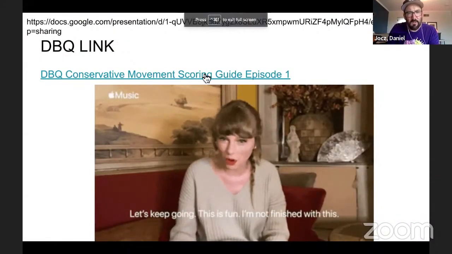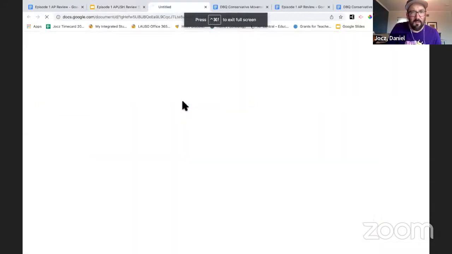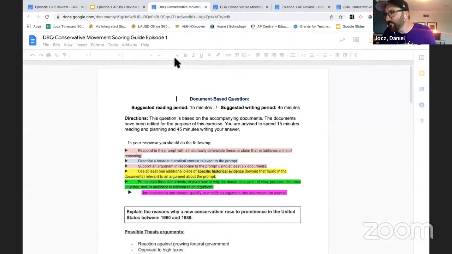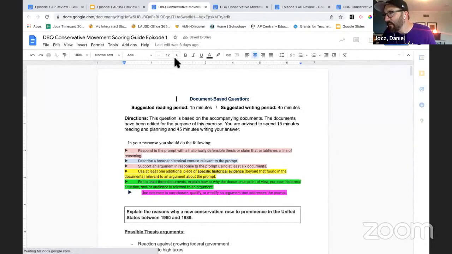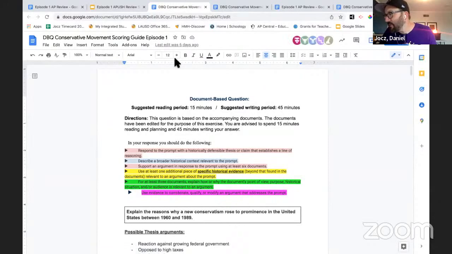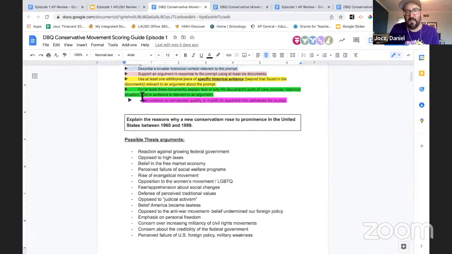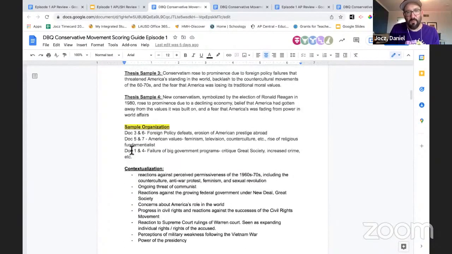So if you were to keep doing this, let me put this particular essay in the chat. Here is the scoring guide, and this scoring guide is just a mix of notes breaking down what you need to do. You will see on the scoring guide possible thesis arguments that you could do, samples.